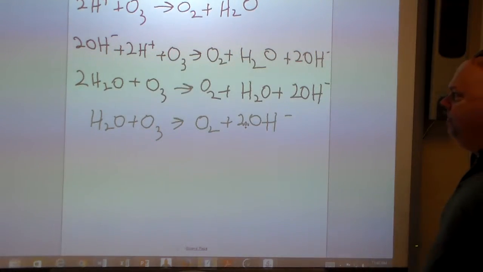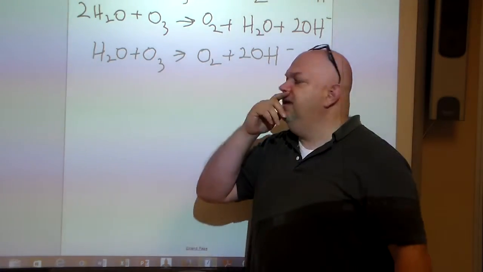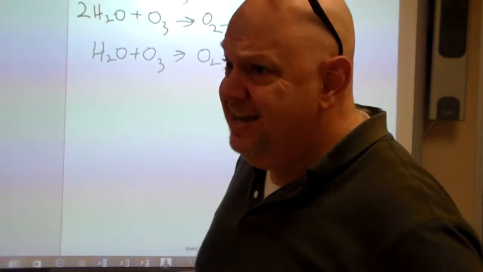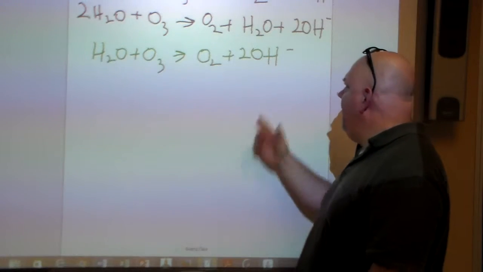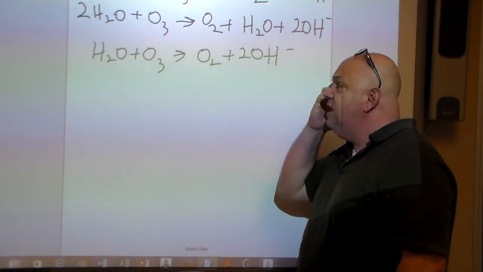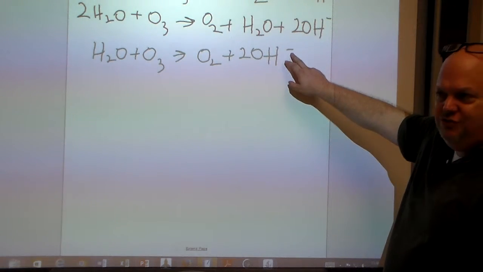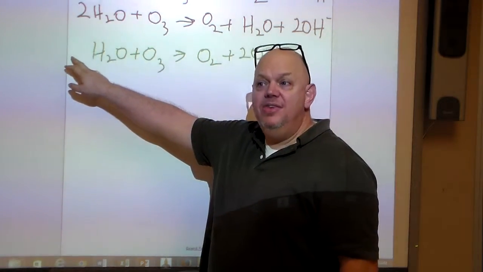Okay, now, here's the key. You'd say, but wait a minute, the oxygens, they didn't lose electrons, they didn't gain electrons. You're right, they didn't. But we do run into a problem though, and that is we have got a total negative charge here. Where's that negative charge coming from? Well, we got these 2OH minuses, so we have 2 of them. Guess what? We're going to have to balance that out on this side.